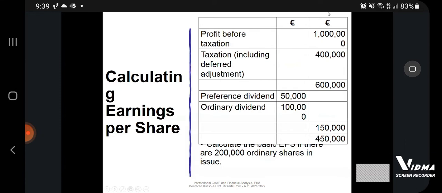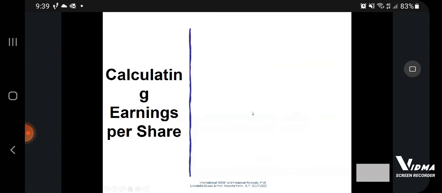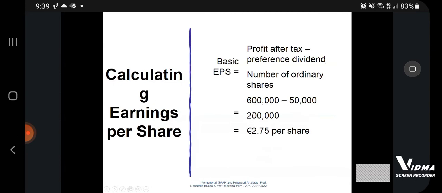So how do we calculate the basic earnings per share in this instance? Remember that the basic earnings per share is the ratio, as the name implies, of the earnings with the number of ordinary shares. Now, let's make some clarification.